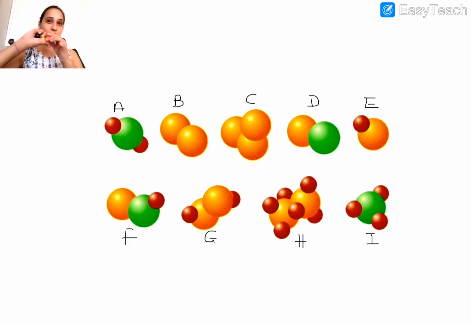We're going to make these 3 react together. They come together and they react. And here we have bonds formed between these 3 atoms. So how many different types of atoms are there? 1 type of atom, 2 types of atoms, 3 types of atoms.